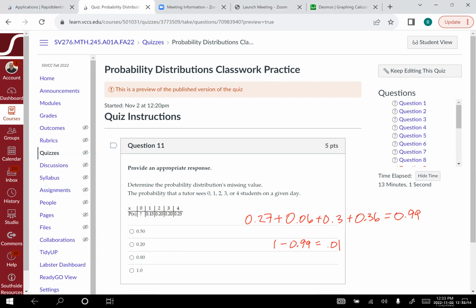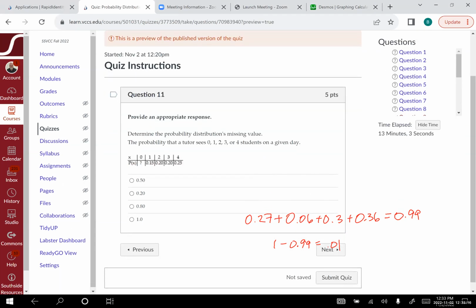A little repetitive, I know, but I think this is the last one of these. A little easier to add. I got the second one. All right.